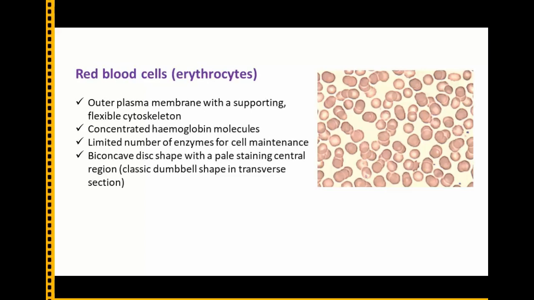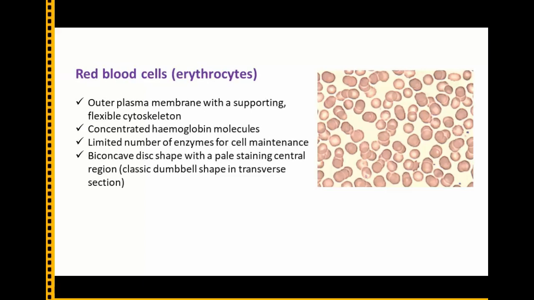In a peripheral blood film, you can see a pale staining central area with a strongly staining peripheral area. You can diagnose some hematological conditions from the appearance of the red blood cells in a peripheral blood film, whether it is the normal size or larger than the usual size.